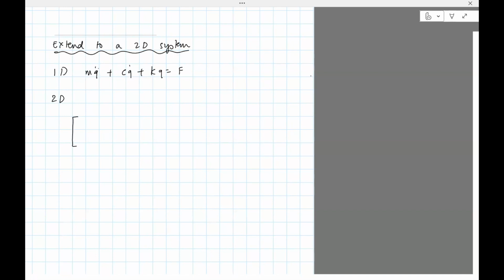I'm just going to write it as a matrix equation. I'll need room for this one.